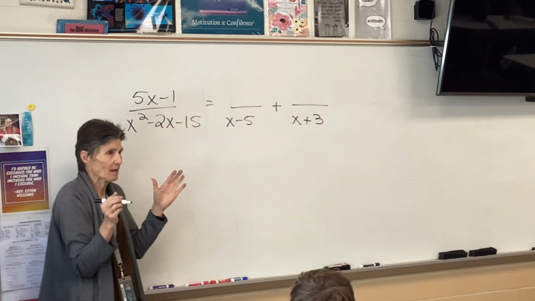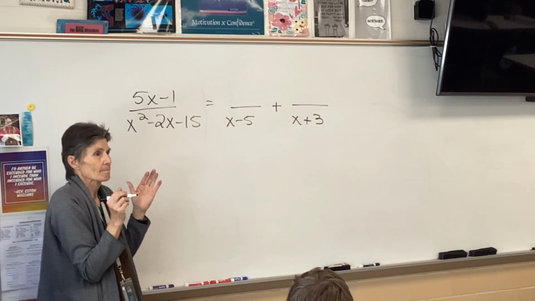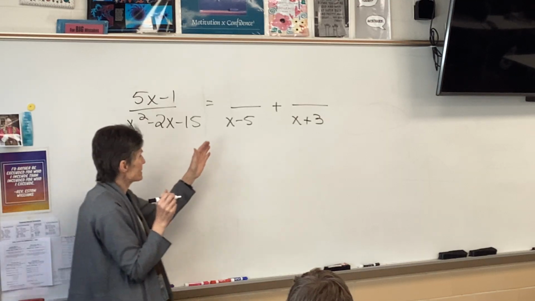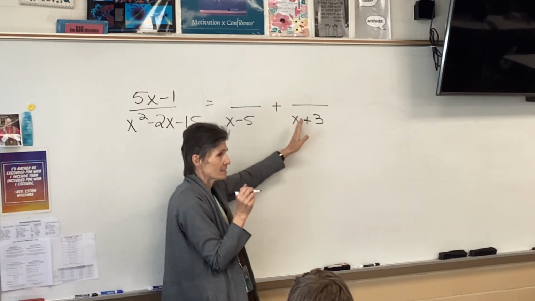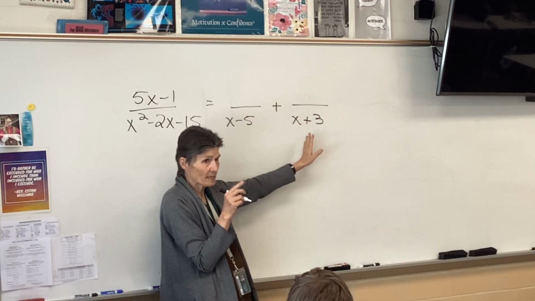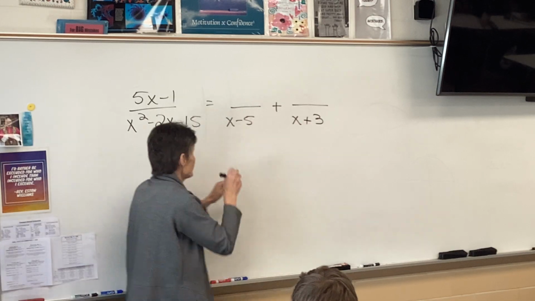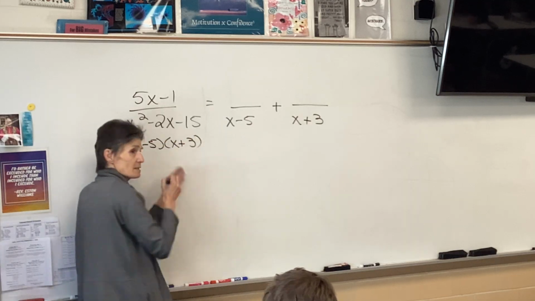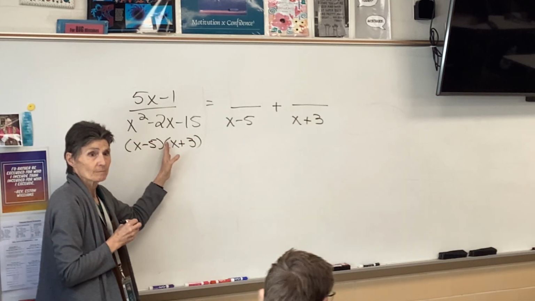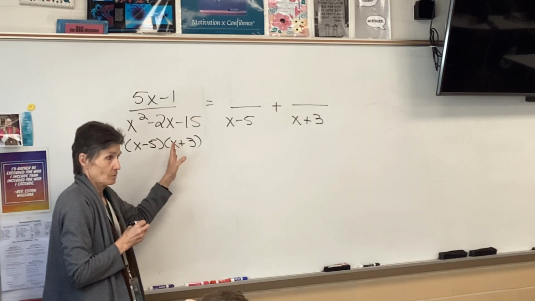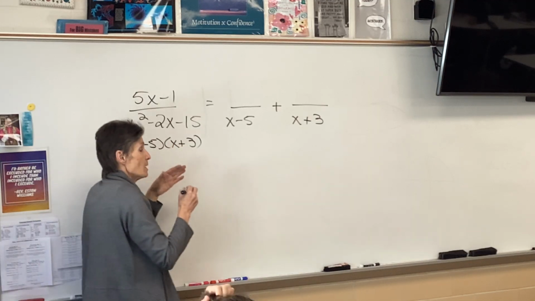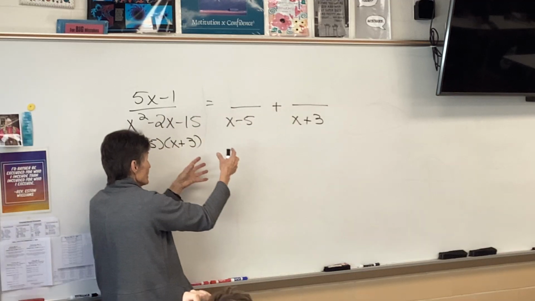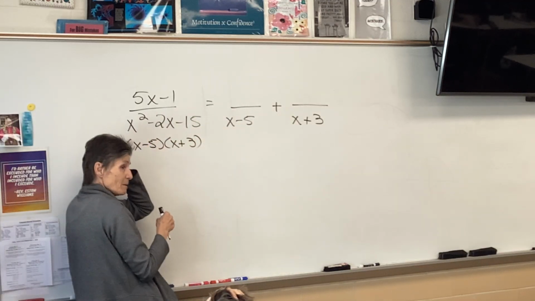Now, I want you to think about that for a second. Because if I were gonna add these, wouldn't I need a common denominator? And wouldn't the common denominator be those 2 pieces times each other? Right? So these are called the partial fractions.